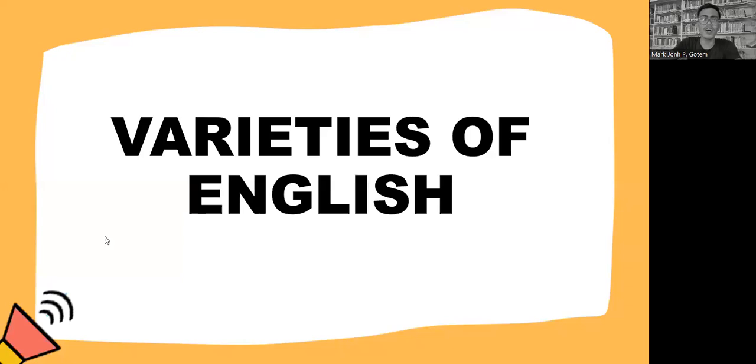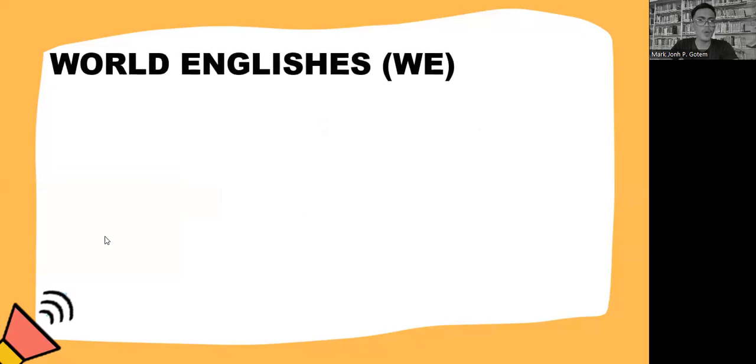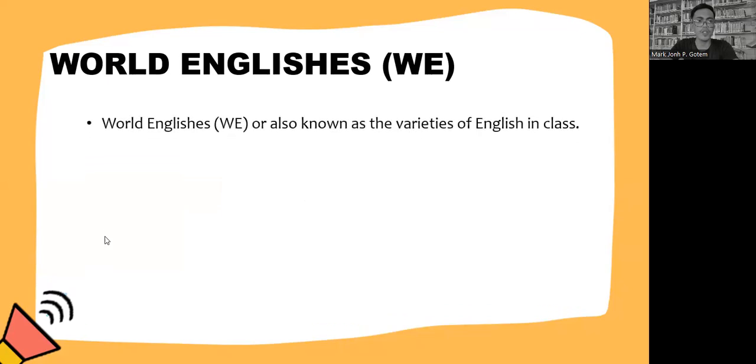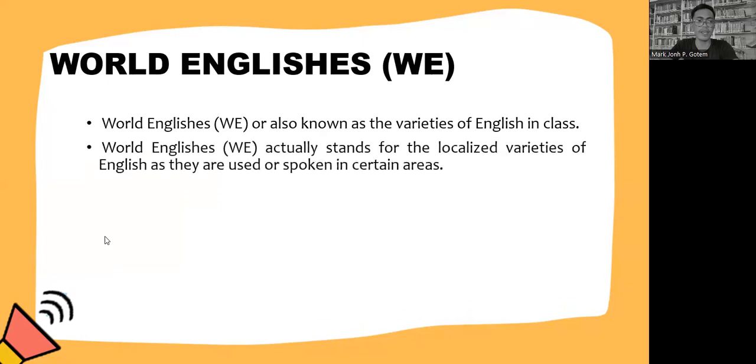Okay, so let's start with the varieties of English, or ang mga uri ng Englishes. So we have World Englishes, or WE, also known as varieties of English in class.